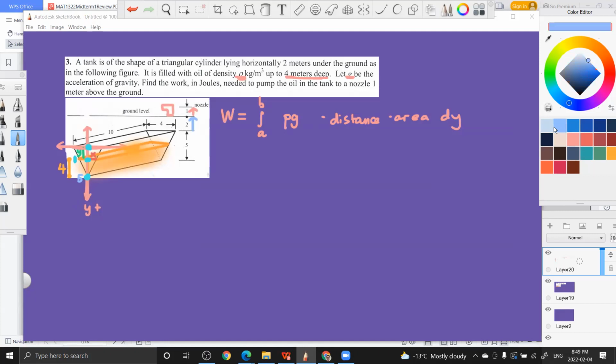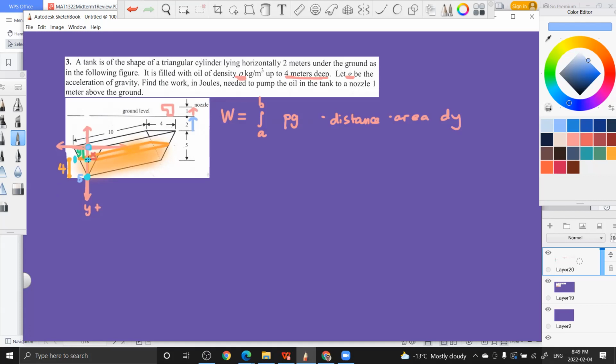So we pick a cross section. We're gonna pick this cross section. The distance from the origin to our cross section is always y. That's something you can remember.